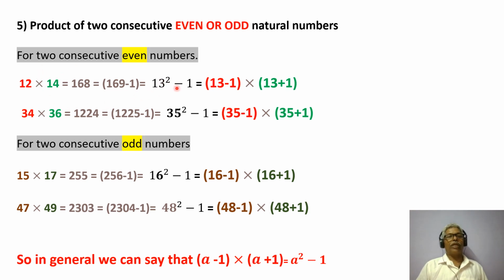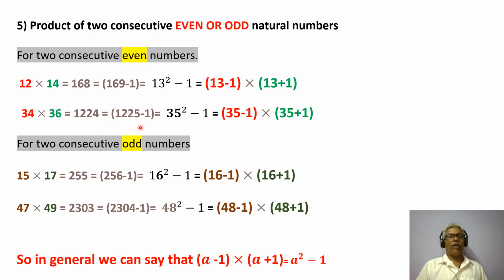So 13 square minus 1 is, by a known formula, 13 minus 1 into 13 plus 1. See, 13 minus 1 is 12 and 13 plus 1 is 14. So this is one of the patterns. Let us take another pair of consecutive even numbers, 34 and 36. So the multiplication is 1224.